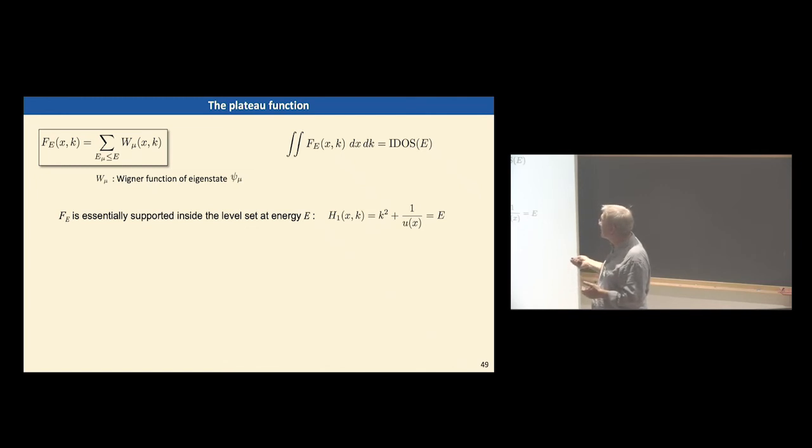But if you say that essentially this function is supported inside the level set at energy E, it means that you know where the wave functions are in phase space.